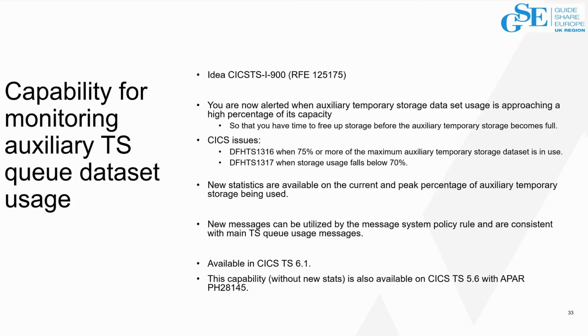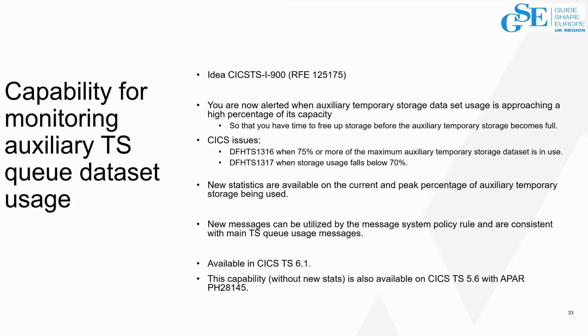We do now. So CICS will issue messages, you can see them on the screen there, TS 1316, when 75% or more of AUX has been used up. And when it drops back below 70%, we will issue the 1317 message.